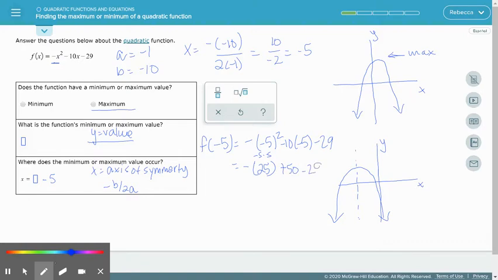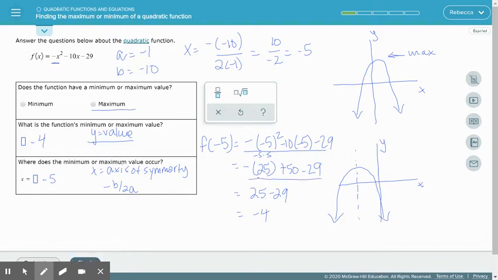And then we need to minus 29. So negative 25 plus 50 is 25 minus 29. And we are at negative 4. And again, you can use a calculator to type this math in to calculate, or you can keep your arithmetic skills fresh, and do the order of operations.